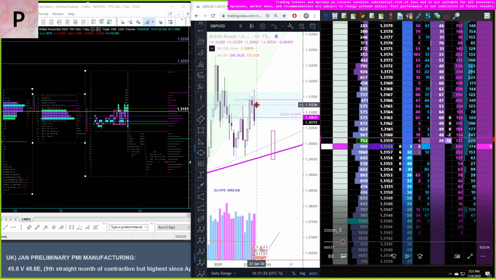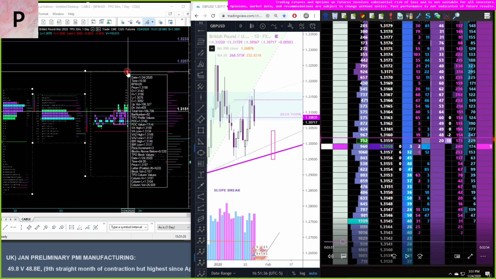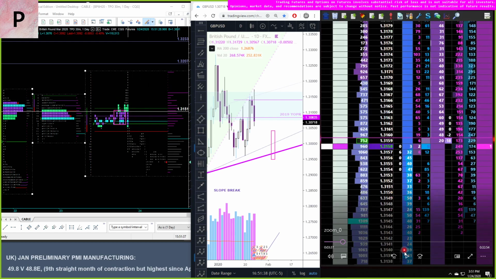So you can see we open, we flush straight away into a wick of pure absorption, and you can see that that's represented on the single print here, and that happens at the early morning hour.